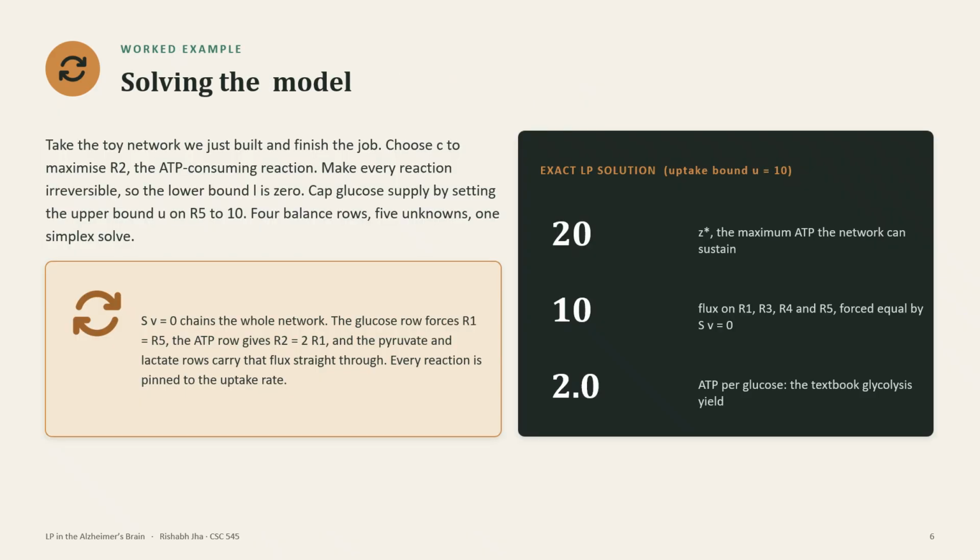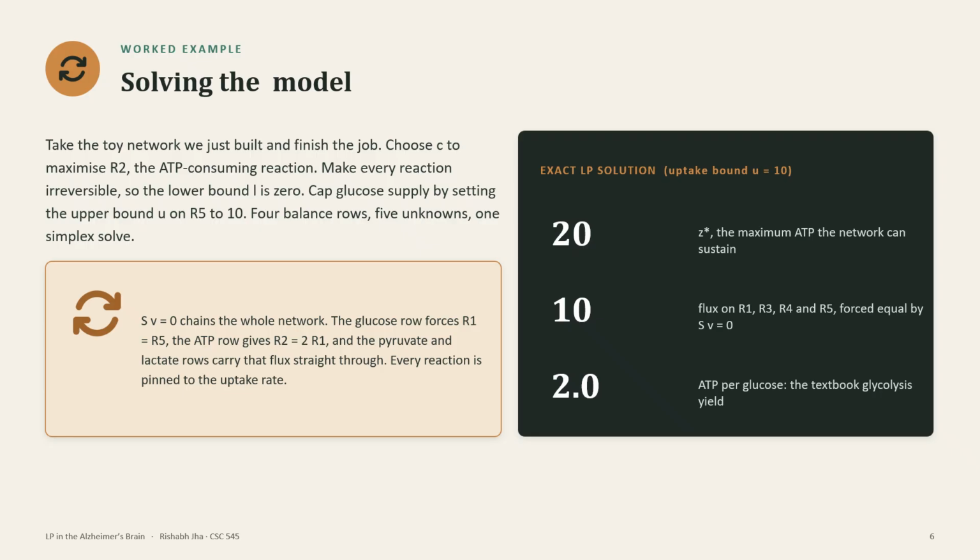So now let's see how we are going to solve the model. We'll get back to the reaction matrix from the previous slides. There are three things beyond S: C picks R2, the ATP consuming reaction. Every reaction runs one way, so L equals 0 throughout, and glucose supply is capped, U on R5 is 10.